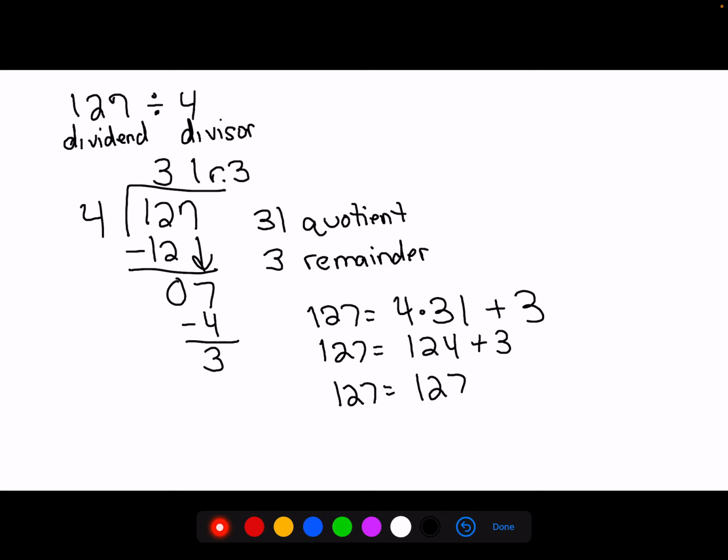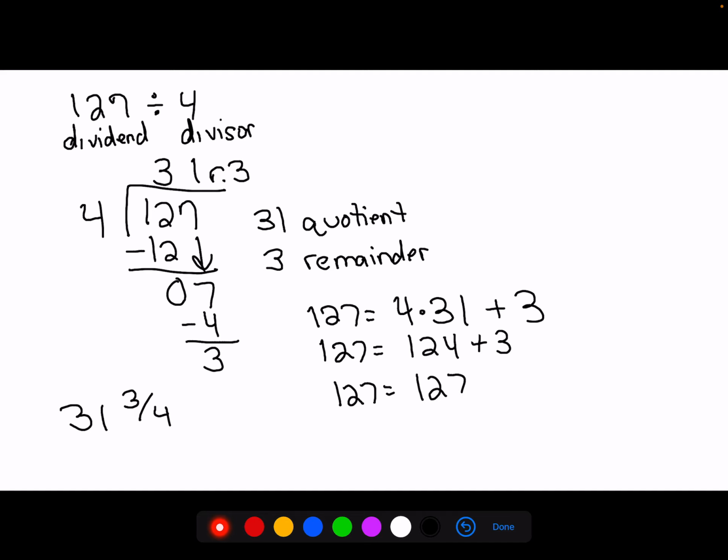Also, a remainder of 3 means that when you're dividing by 4, you're dividing things into 4 parts each. Let's say you have 127 slices of pizza, and each pizza was divided into 4 slices. You'd have 31 whole pizzas with 3 slices left over. Those 3 slices would be 3/4 of a pizza.